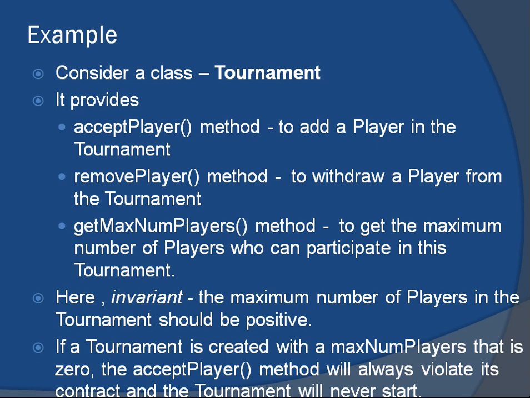This is the condition where the maximum number of players that will participate in this tournament is zero, which means some conditions are violated. If the tournament has zero players, the tournament will never start, and the accept player method conditions are violated in its contract.